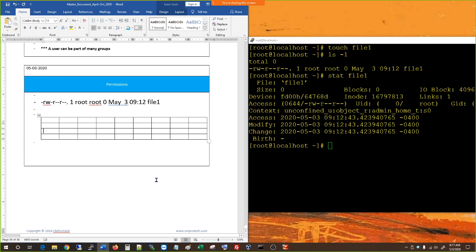Okay, so what I'm gonna do here is put down R, W, and then it has a blank here, right? And then, you know what? Hold on.